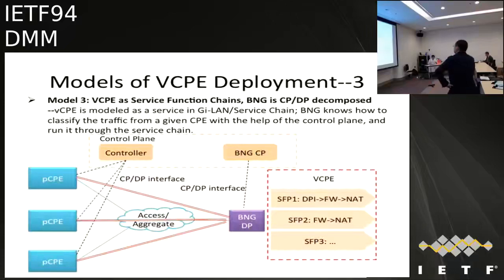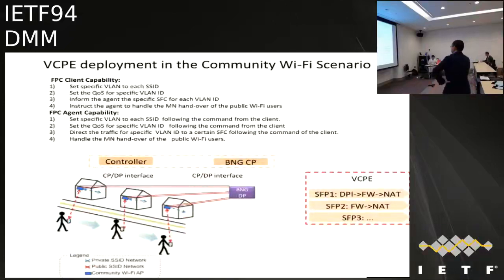Next. When we look at this deployment scenario, we can see the different components have different capabilities. For example, on the client side, they need a specific VLAN ID to map to the SSID, and then you also have QoS metadata for the different VLAN IDs. Similarly, the agent side also needs this mapping to classify.